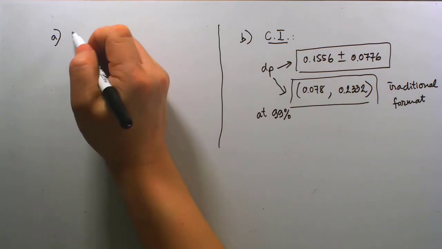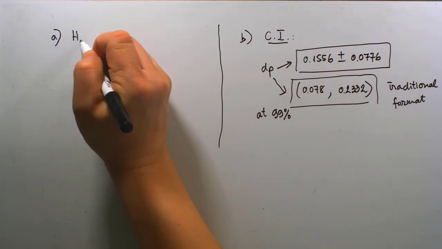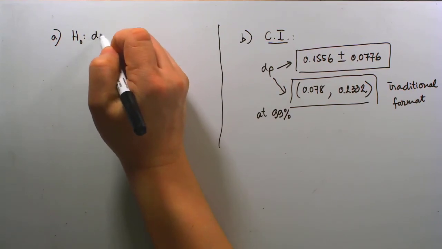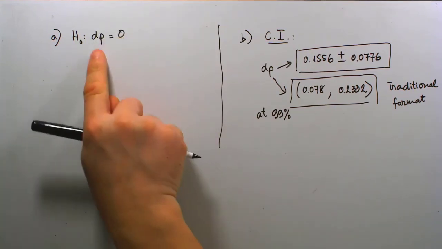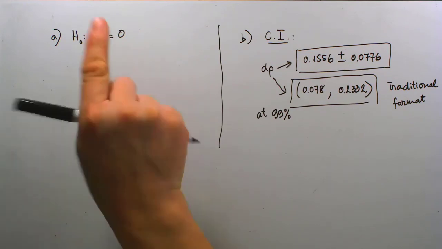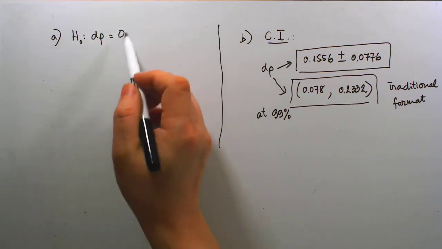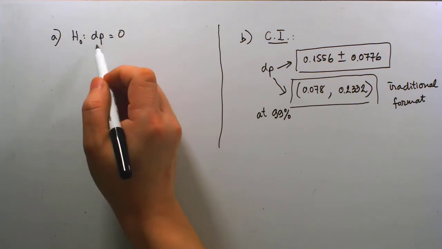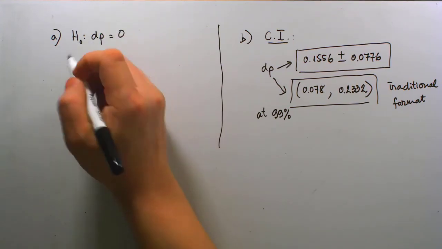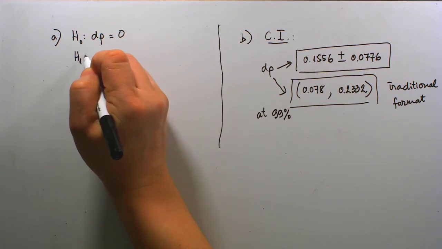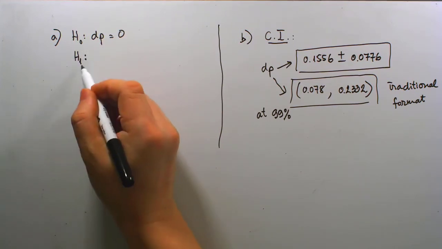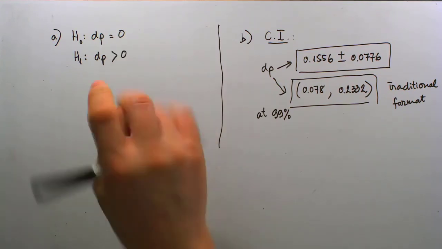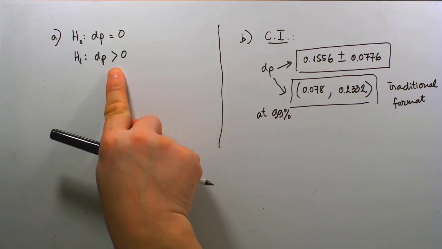So in part A, it was a testing of a hypothesis. The null hypothesis was stating that dp equals 0, the difference in the two proportions equals 0. And we had strong evidence at the end of the test to reject that dp could equal 0. And indeed, we leaned toward supporting H1, saying that dp should be higher than 0, a positive value.